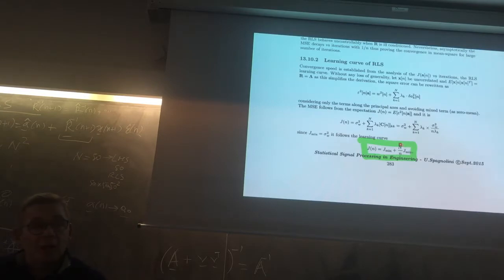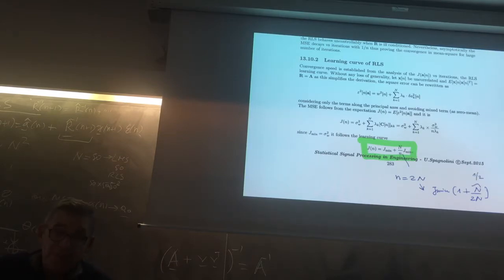Now, if we want to declare how many iterations it takes to converge, the number of iterations is enough when this second term is much smaller than the first one. What does much smaller mean? For the engineering side, it's enough that n is equal to 2 times capital N, so the second term is J min times 1 plus N over 2N, which means 1/2.